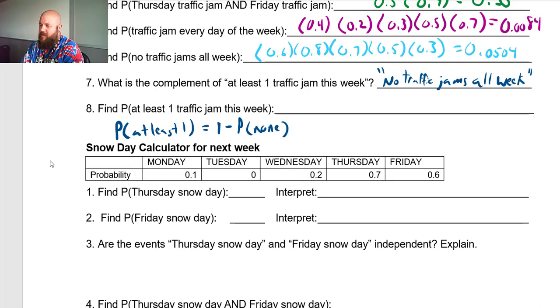Okay, so find the probability of at least one traffic jam this week. Well, we found the value of none, right? Because we just did that, no traffic jams all week.